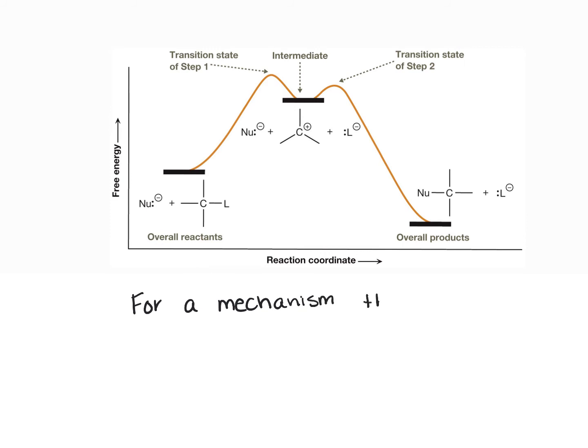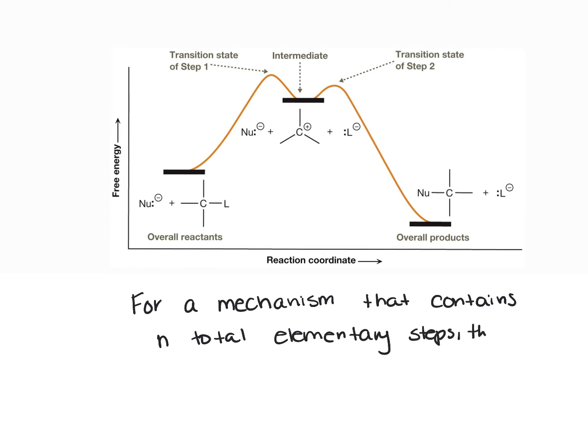So we can broadly say then, for a mechanism that contains n total elementary steps, there are n total transition states. So if we have one elementary step, we're going to have one transition state. If we have two elementary steps, we're going to have two transition states.